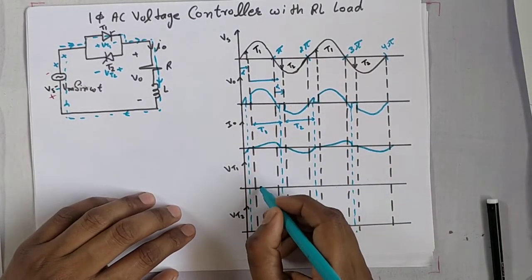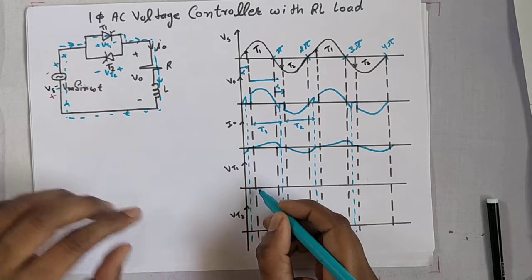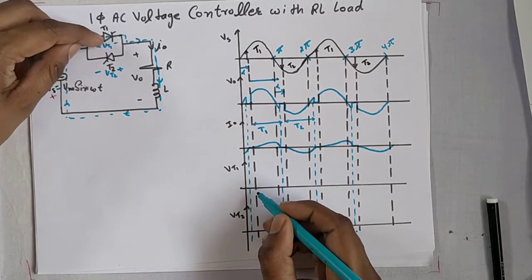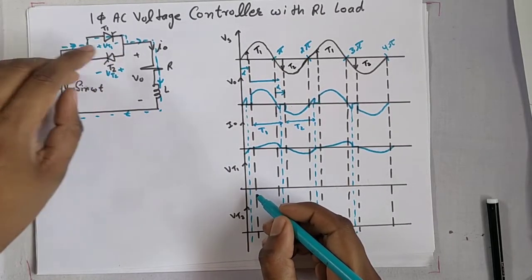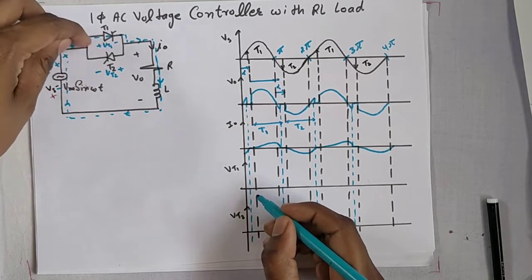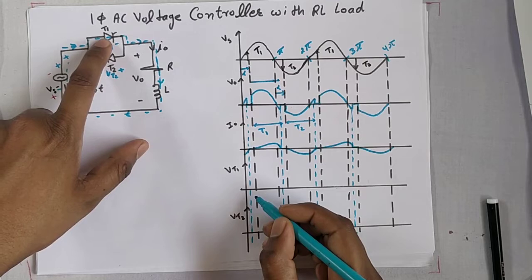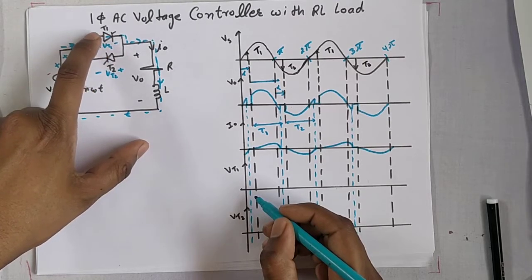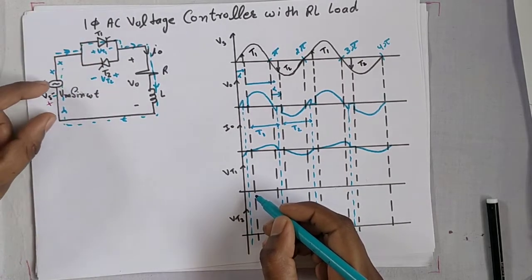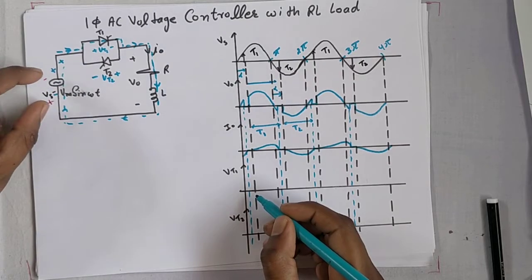When T1 is on, at that time this terminal is positive, and the voltage across it is equal to the potential drop across it. What is the potential drop? It is the drop due to the impedance offered by thyristor T1 and the voltage applied across it.